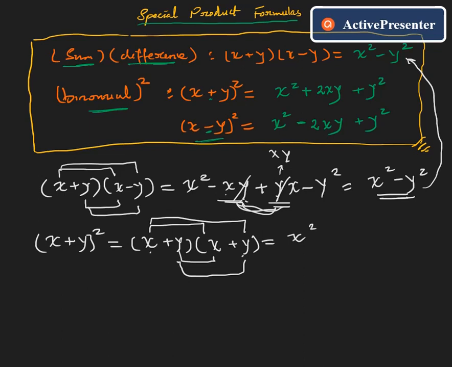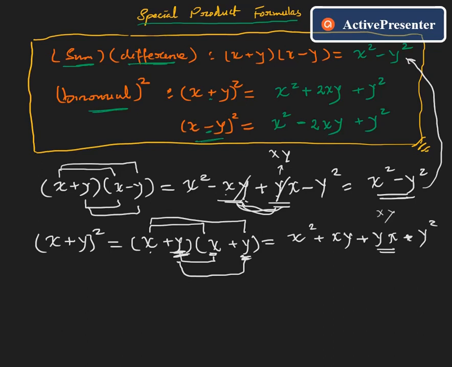X multiplied in y is plus xy. Now y multiplied in x is plus also yx, and y multiplied in y should be plus y squared.